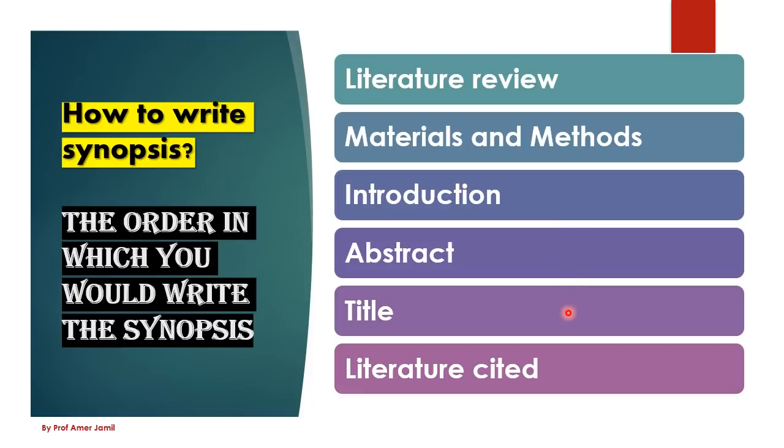Although you have a proposed title already with you, as I mentioned in my previous video on how to conceive a research idea and how to select the topic, you finalize your synopsis title after you write down all these, and finally you give the literature cited, and after these, of course, you add the pages for signatures, etc.